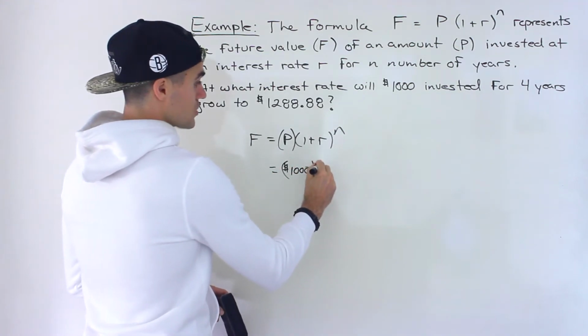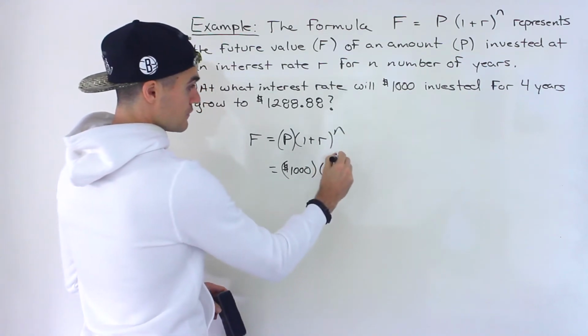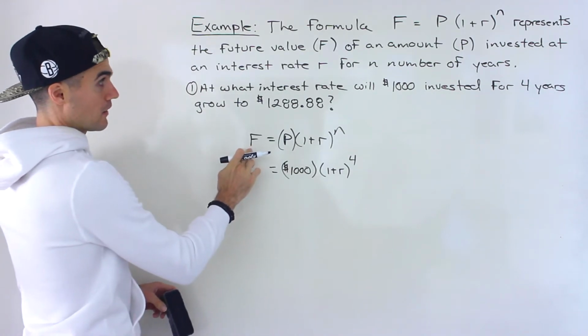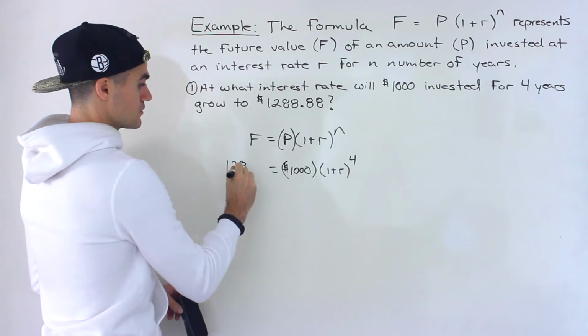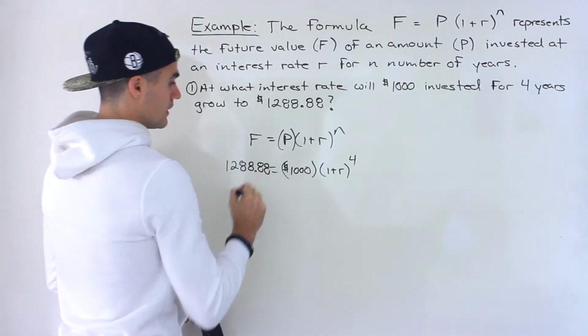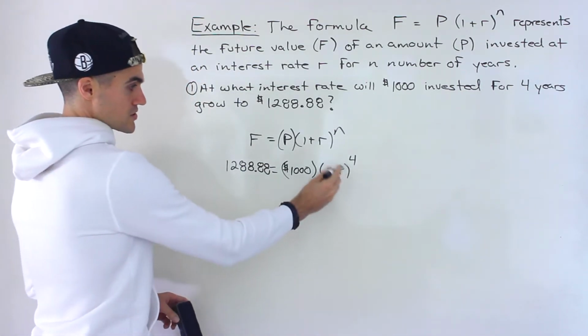We're solving for the interest rate R, it's invested for 4 years, and it's going to grow to this final amount, this future value F, which in this case is $1,288.88.